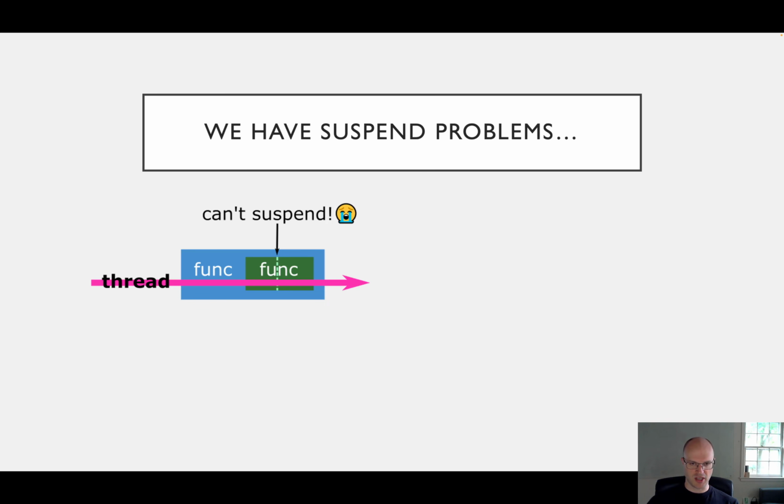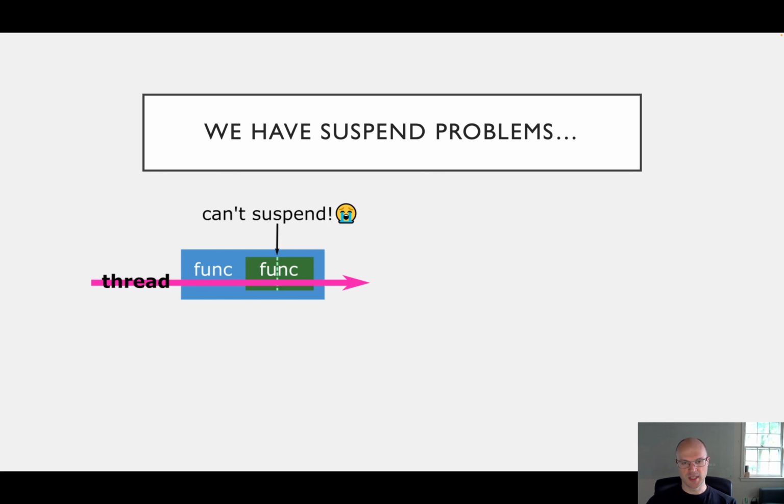Well, because it's getting called from this blue traditional function, we would need it to be the case that when the green function finishes, we then pop back out of that stack frame back into our blue function and finish running the blue function. But that's not possible because the blue function is not a suspend function. There's no way for us to set aside the state of the blue function and safely resume it later. So it's totally unclear how this could even work, right? How do we get into the world of suspending functions from non-suspending?